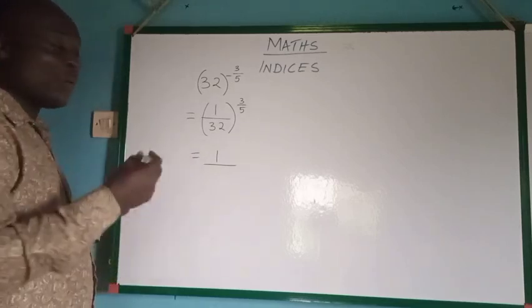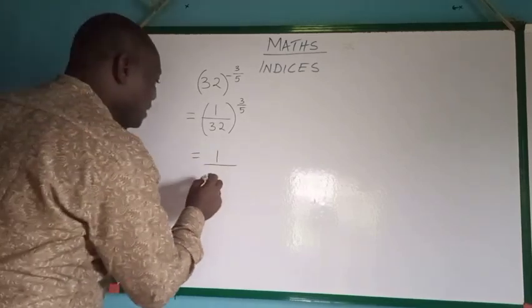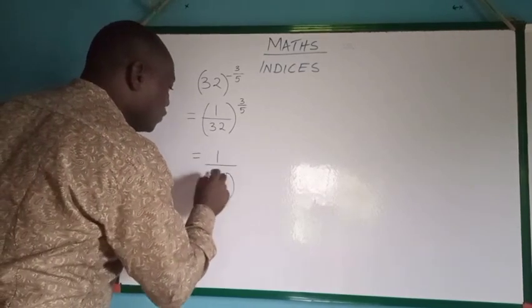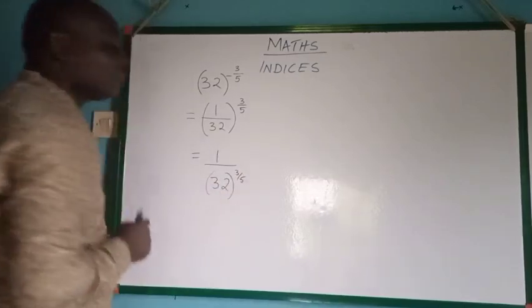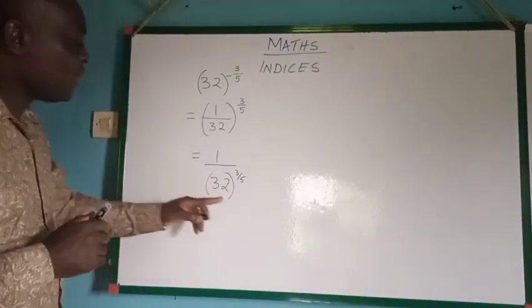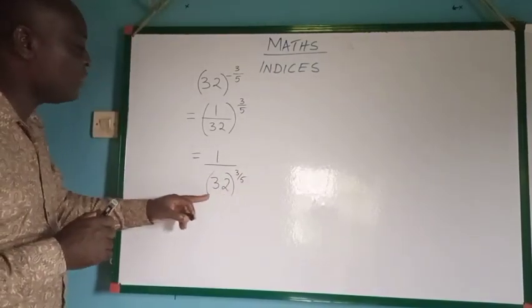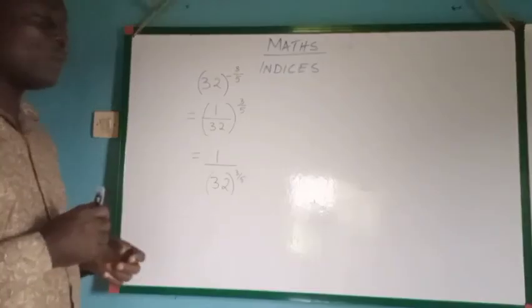That is the situation that we are having in this place. Look at it. It's going to be 32 all raised to power 3 over 5. So this one is now the fractional indices, one of the laws that we treated some time ago.